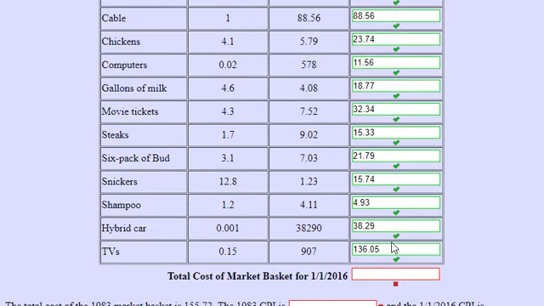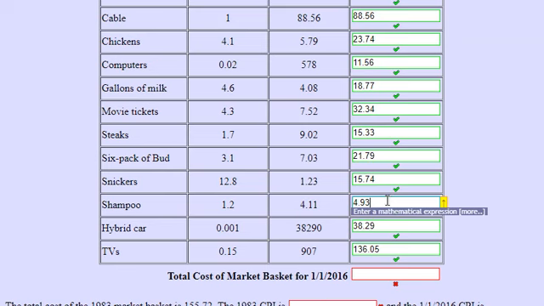Okay, so you can see that in a given month, we're spending $136.05 a month, even though we're buying 15 TVs every 100 months. We're spending $38.29 on average per month because we buy one hybrid car every 1,000 months.